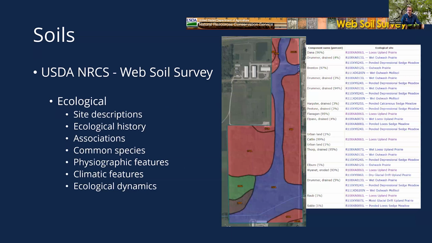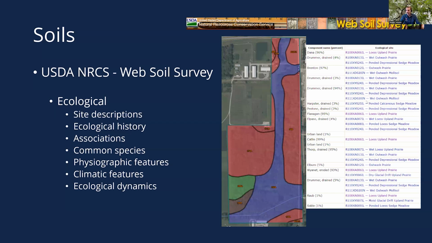However, as I mentioned, there are some really valuable aspects of the web soil survey that are built into the system, including these web soil survey reports and ecological descriptions that you can select as different options within the prompts. I really encourage you to explore this tool and take a look at some of the different information and resources within it.